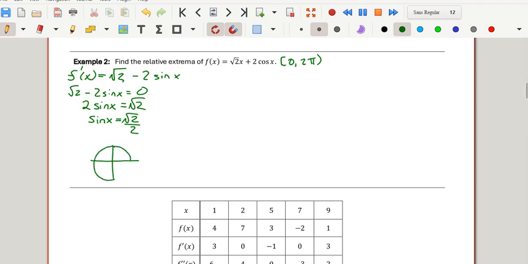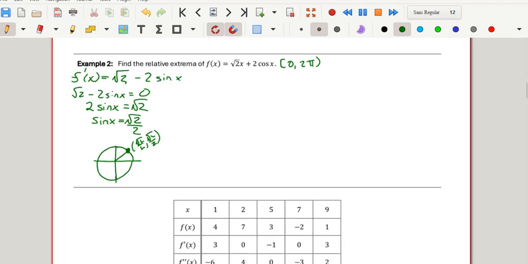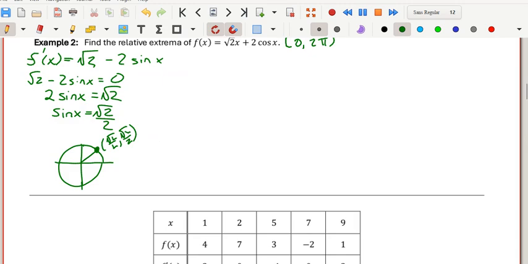When are we going to get it in the first quadrant? Pi over 4, right? The middle line is the one where both are the same: root 2 over 2, comma, root 2 over 2. And that angle is pi over 4.